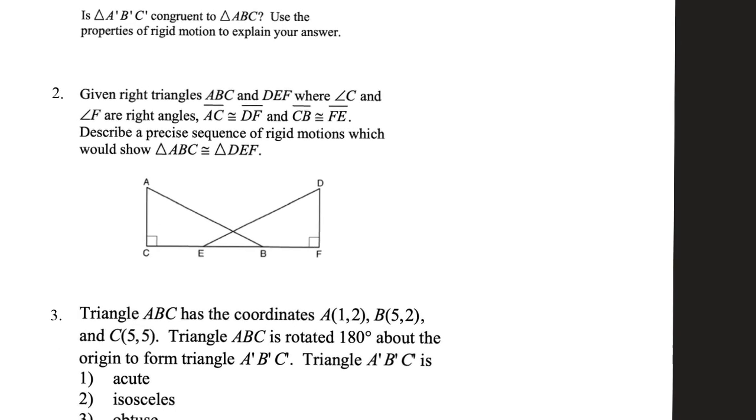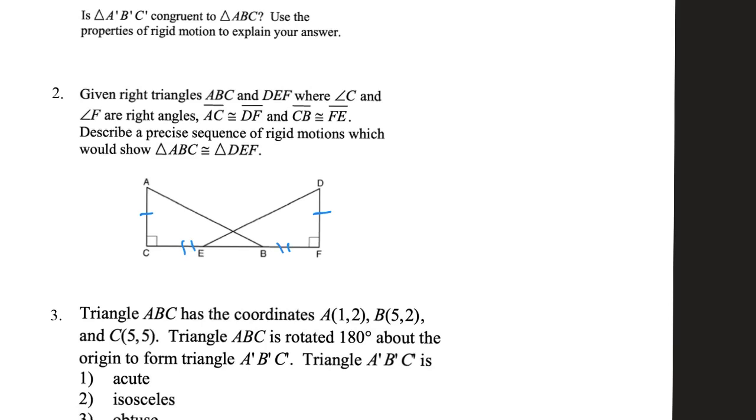Number 2. All right, I see triangles ABC and DEF. We have a couple of right angles at C and F. They are telling me that AC and DF are congruent to each other, so let's mark that in there. And it's also telling me that CB and FE are congruent to each other, so I'm going to mark that.